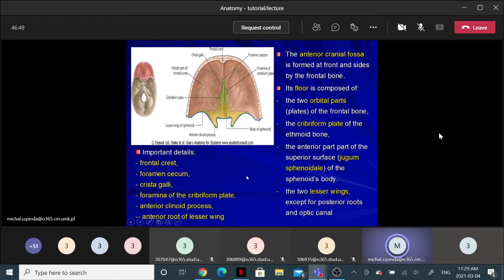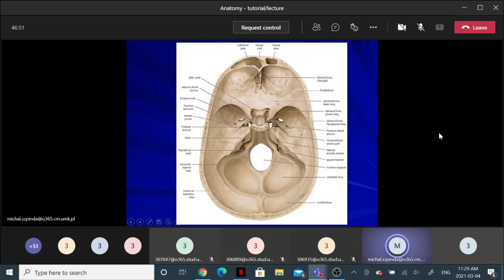And now we should concentrate on a real skull. So what can we see here in the anterior cranial fossa? We can see lesser wings of the sphenoid bone with their anterior roots involved in the anterior cranial fossa.